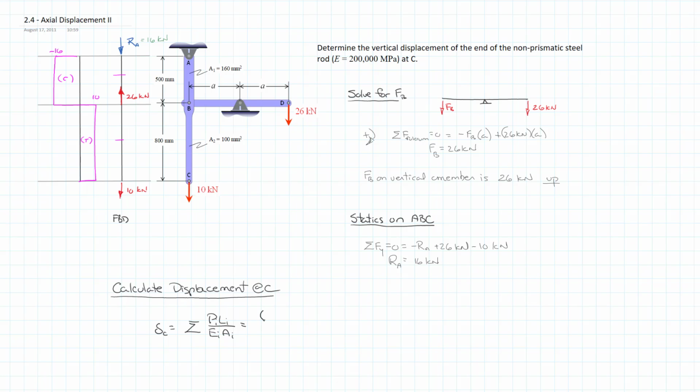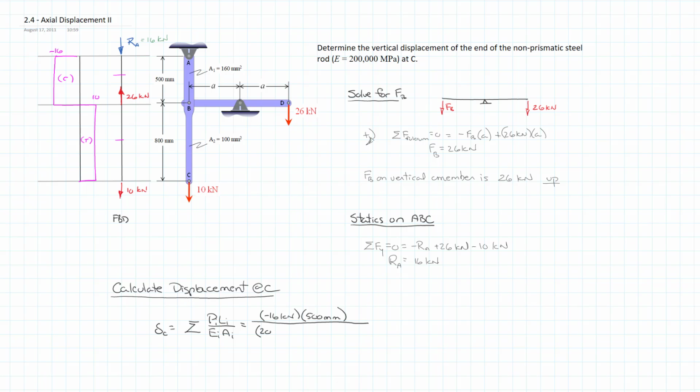So between A and B, from our axial force diagram, we know we have an axial load of 16 kilonewtons. We'll put in our length of 500 millimeters.